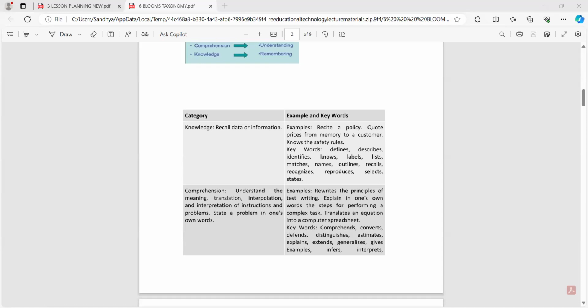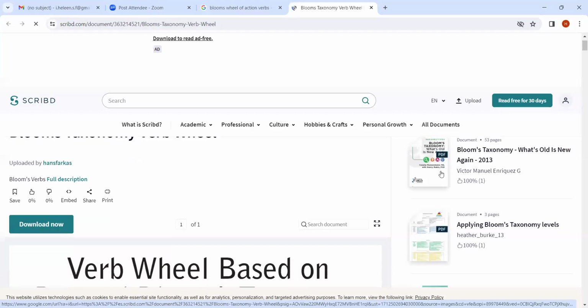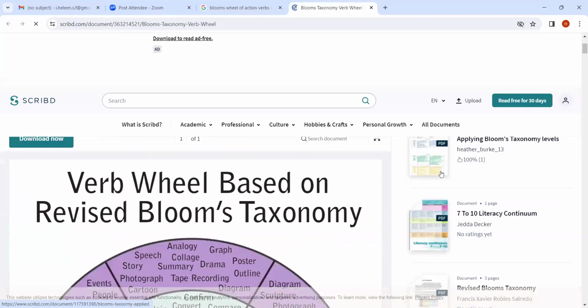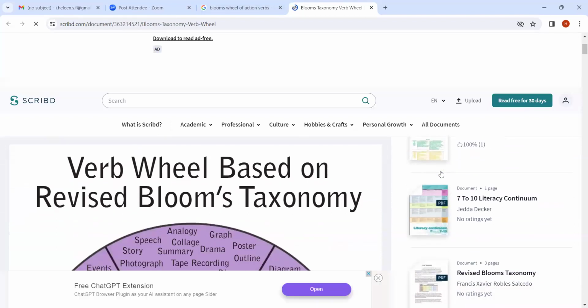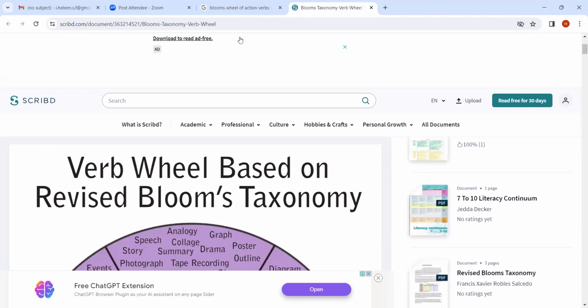I'm showing you. Now look at this. Can you see Bloom's taxonomy verb wheel?